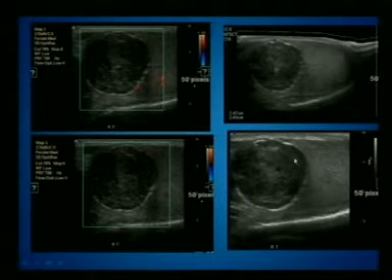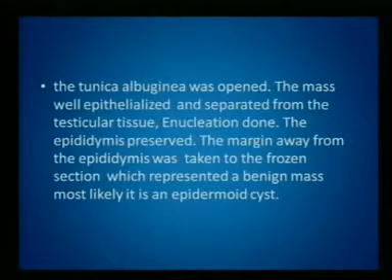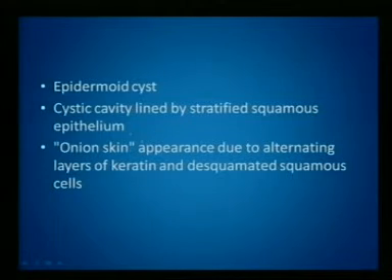It looks like onion rings, and it is an epidermoid cyst. Epidermoid cyst is a cystic cavity lined by stratified squamous epithelium, and this onion skin appearance is due to alternating layers of keratin and desquamated squamous cells.